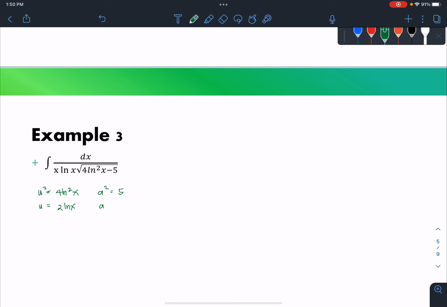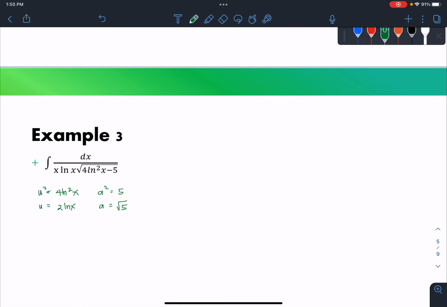While a squared is 5, and 5 does not have an integer square root. So in this case, it's just the square root of 5. Okay, so that's for a.